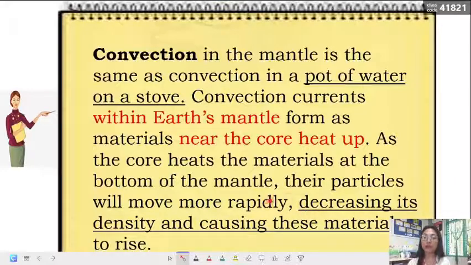So if you notice, if the materials near the core heat up, they become less dense, and that's the reason the particles rise up.